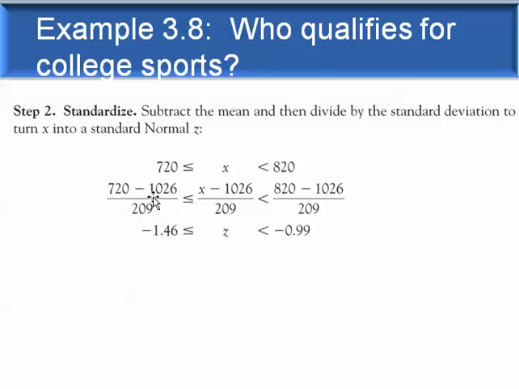So we have 720 minus 1026 divided by 209, which gives us a z value of negative 1.46. On the 820 side, we have 820 minus 1026 over 209, which gives us negative 0.99. So we're looking for the percentage of values that fall between those two.